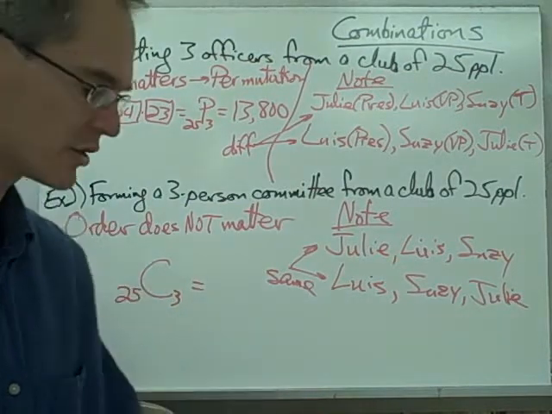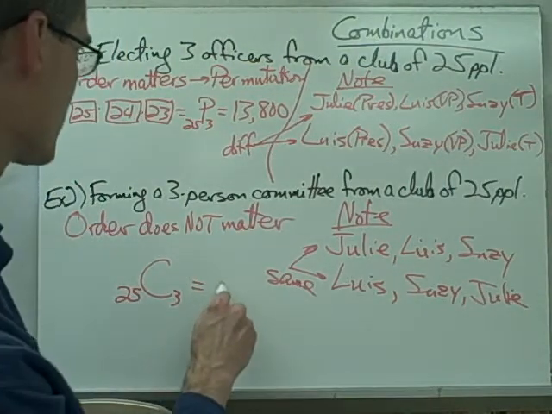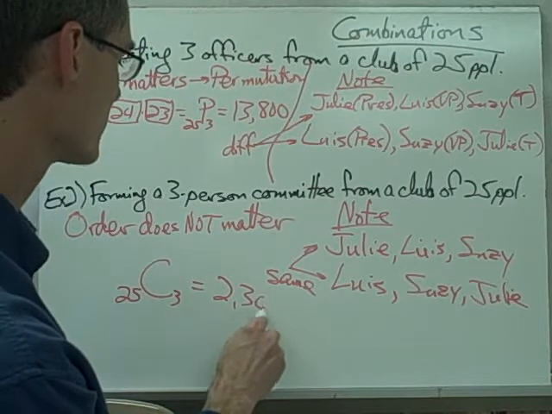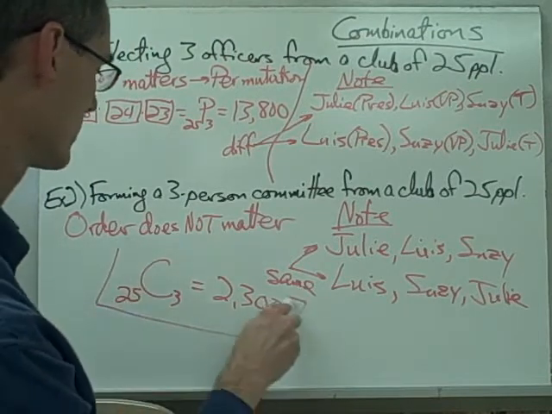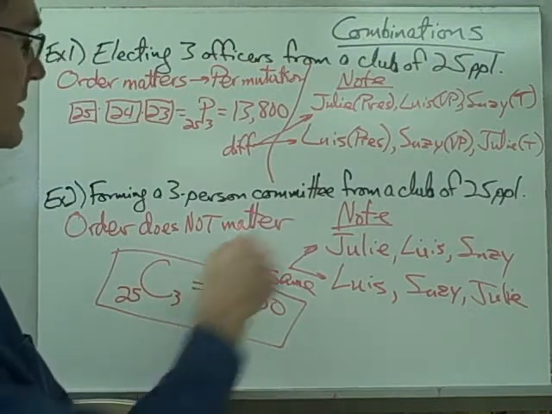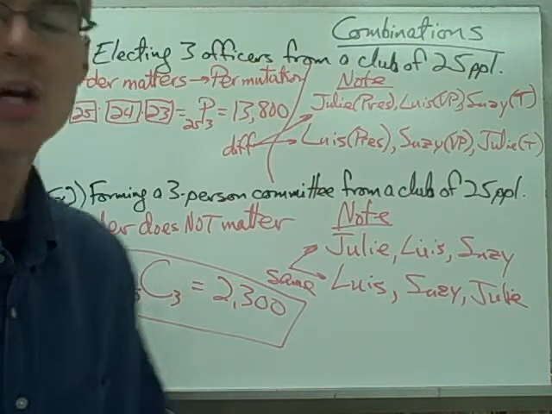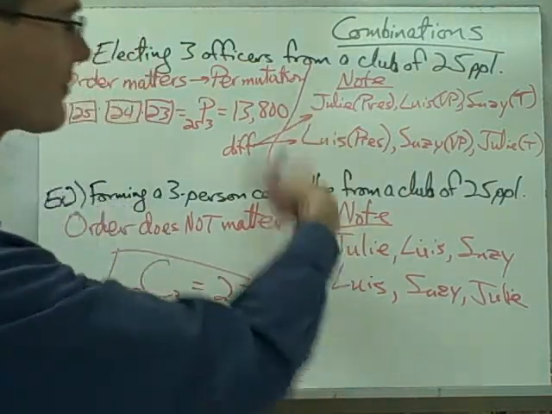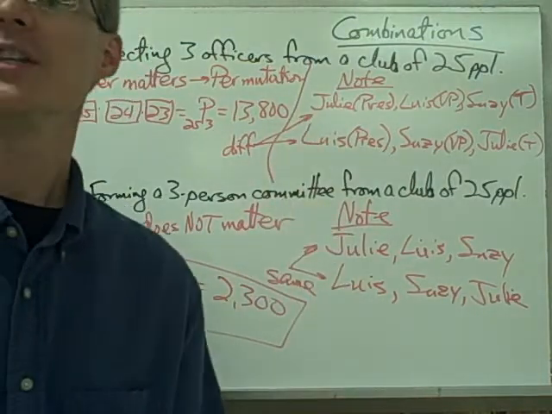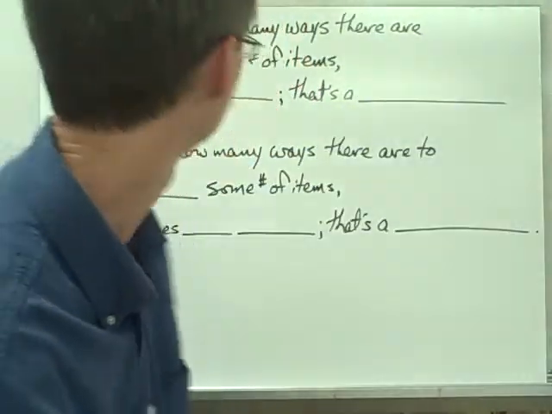If we punch this into our calculator, we get 2,300. So the number of three-person committees that we can form from a club of 25 people would be 2,300. And this kind of illustrates the difference between permutations and combinations.